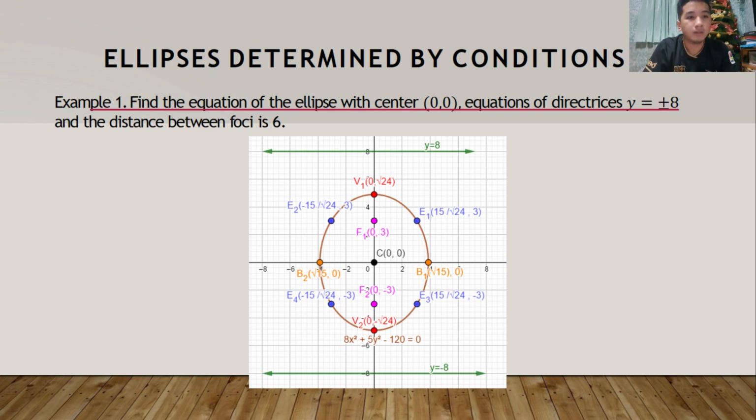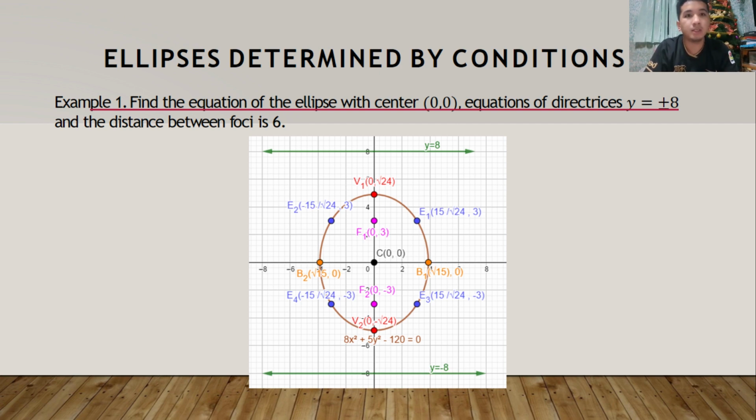Our E1 is (15 over square root of 24, 3). Our C is (0, 0). Our B1 is (square root of 15, 0). Our E3 is (15 over the square root of 24, negative 3).